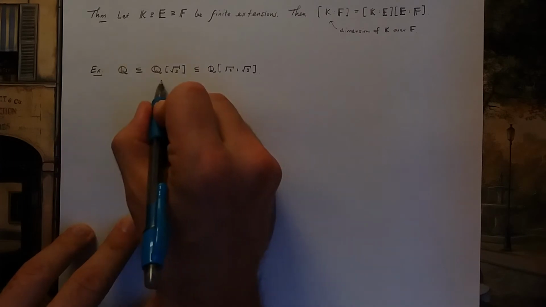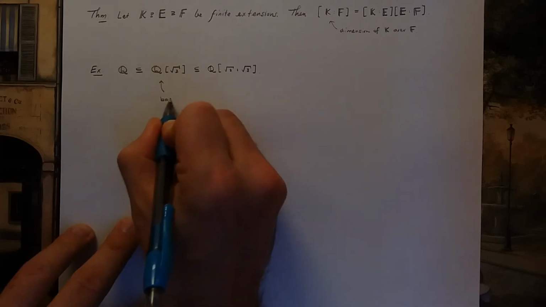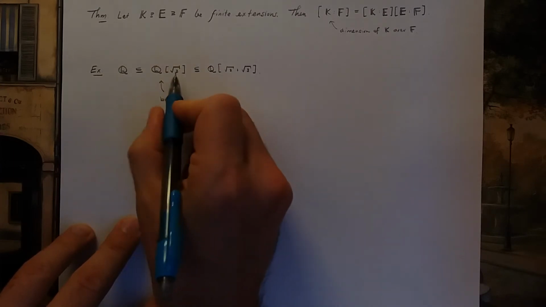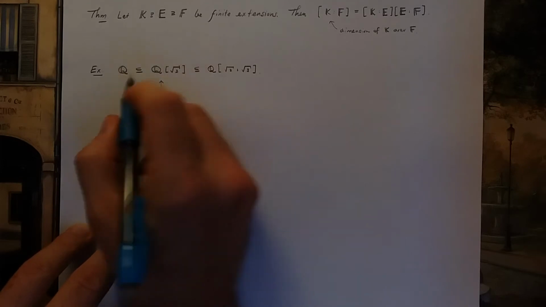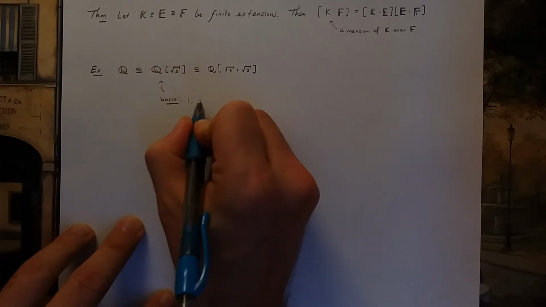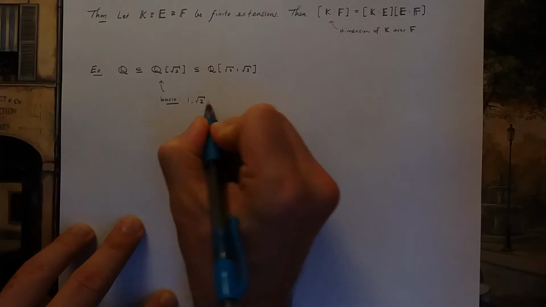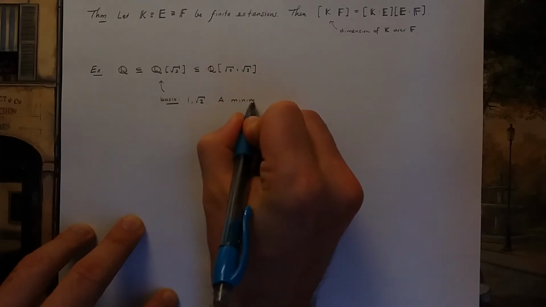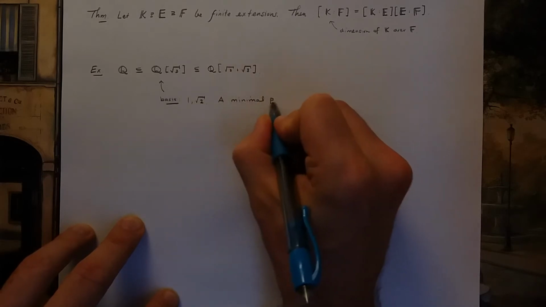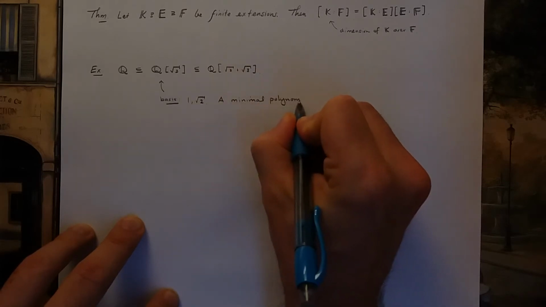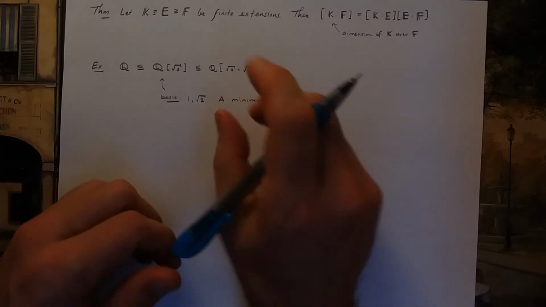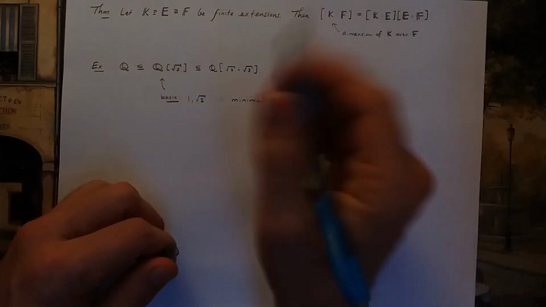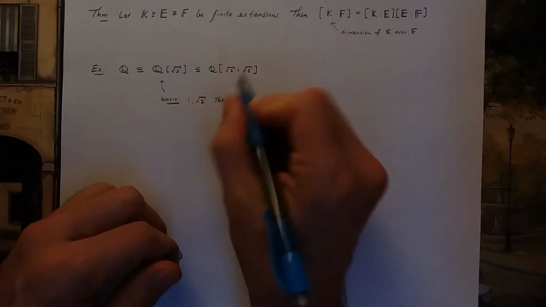Well, a basis for this vector space over Q is 1 and the square root of 2. That's because a minimal polynomial, or actually I should say the minimal polynomial. Minimal polynomials are unique because we define them to be monic.